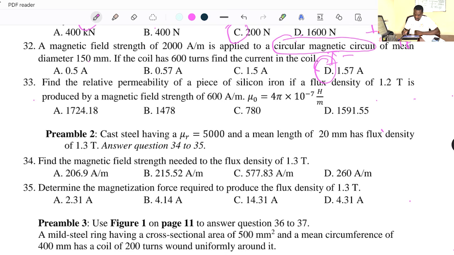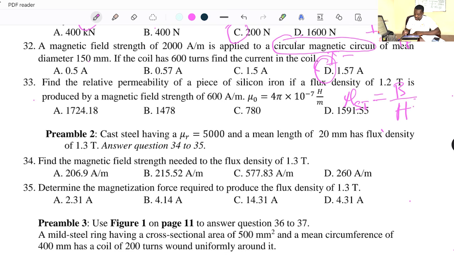We know that the absolute permeability of a material, in this case silicon iron, will be equal to the magnetic flux density over the magnetic field strength.